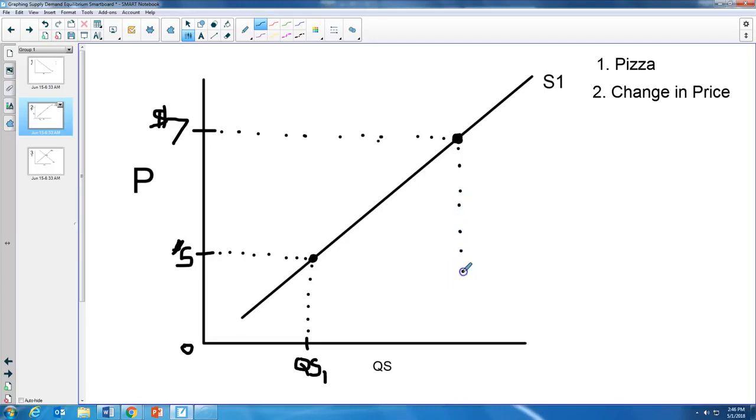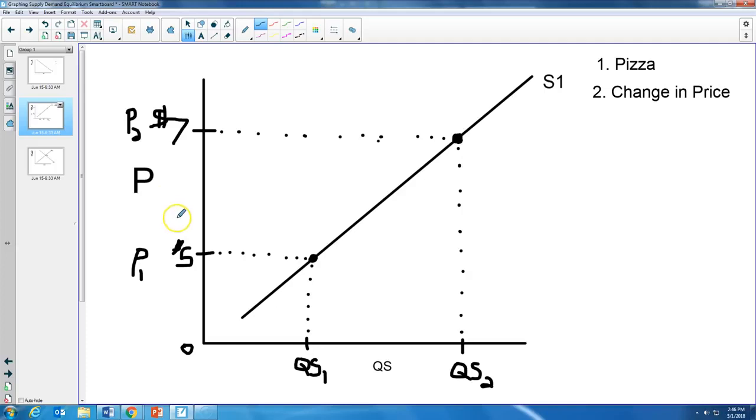So you just want to do a dotted line straight down. And when you hit the x-axis, we're going to label that QS2. Okay, which means $5 was the original price, so we can go ahead and put price 1 or P1 and P2 for the second price.